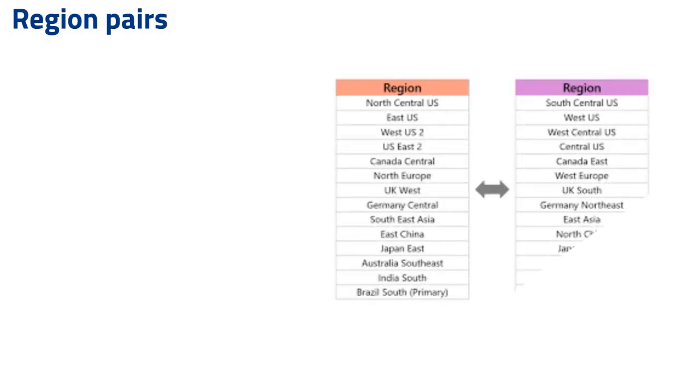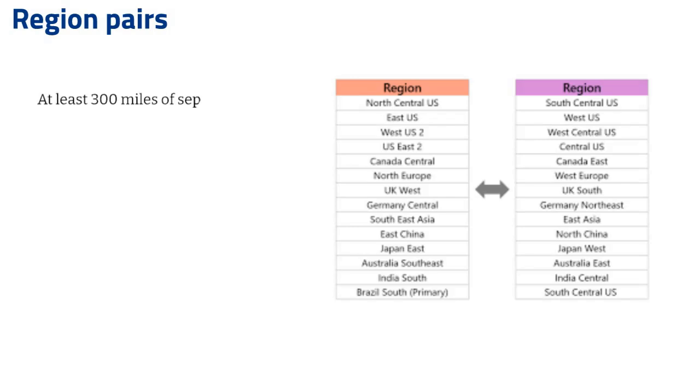Even with the additional resiliency that availability zones provide, it is possible that an event could be so large that it impacts multiple availability zones in a single region. To provide further resiliency, Azure has region pairs. Most Azure regions are paired with another region within the same geography, such as US, Europe, or Asia, at least 300 miles away.